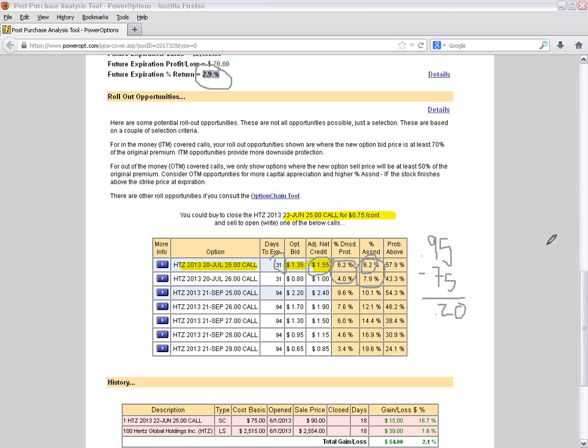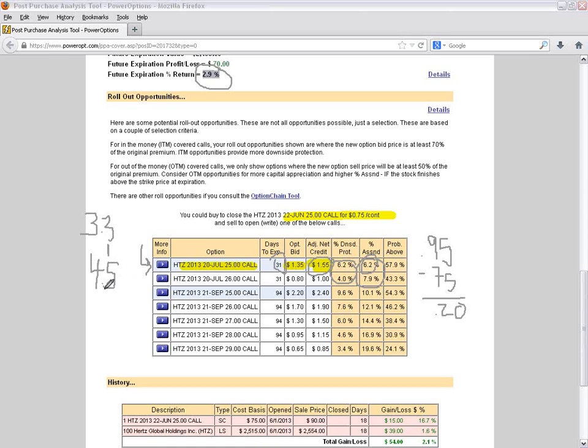That matches my goals. The reason why I'm pointing this out, we may take a look at this in a different covered call position, one of our other portfolios, is because you don't want to roll for the sake of rolling. If I'm currently at a gain of, let's say, 3.3 or 3.4% on my covered call, whether it's the liquidation value or the expiration value, and I see an opportunity to roll to the next strike or the same strike 1 month out in time, but my gain only goes from 3.3% right now if I liquidate it or if I'm assigned to 4.5% over the next 30 days, this doesn't match my goal.